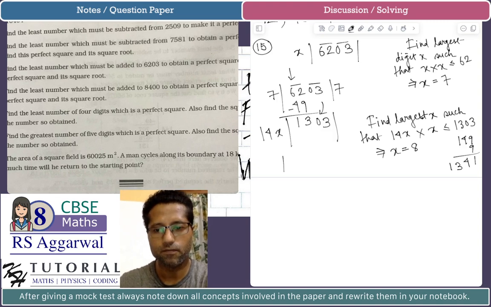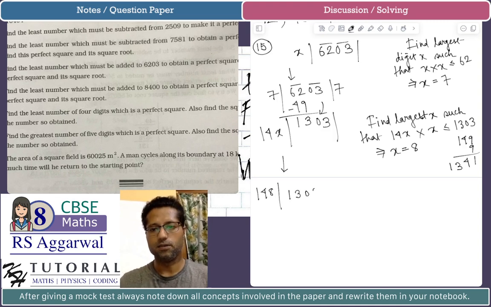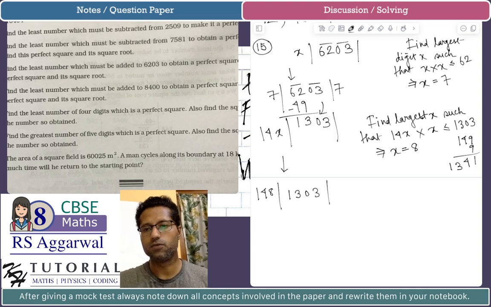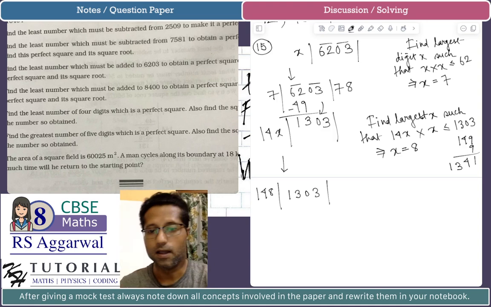So we have 148 and 1303. This 8 will get appended to the current quotient 78. The current quotient becomes 78, and 148 multiplied by 8, how much is 148 multiplied by 8?